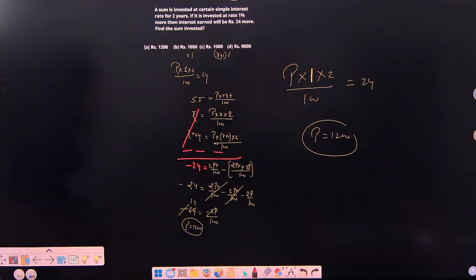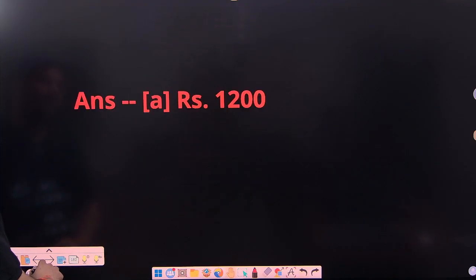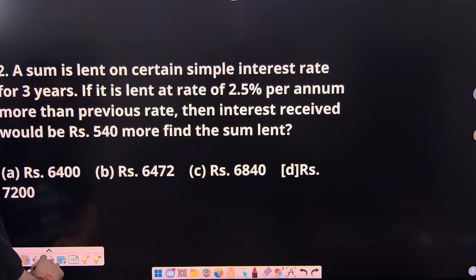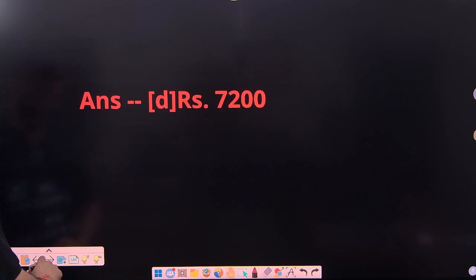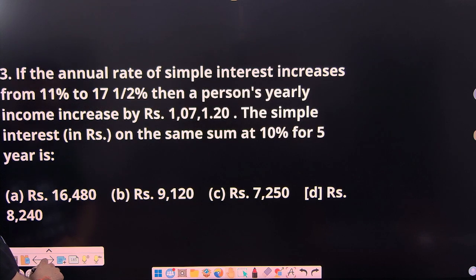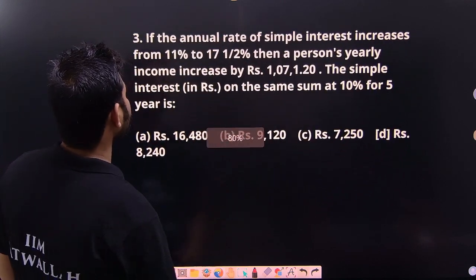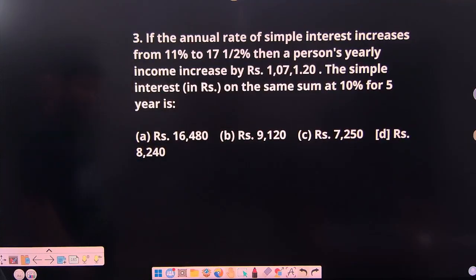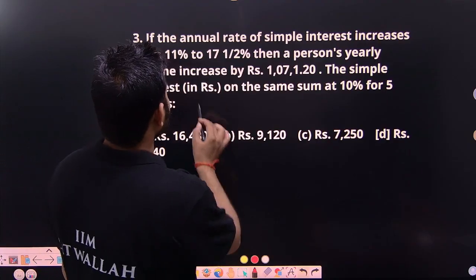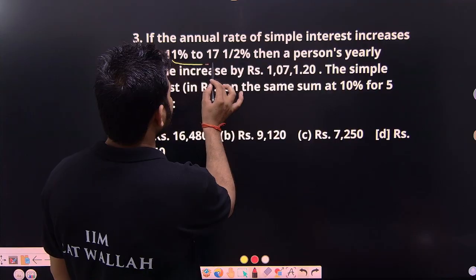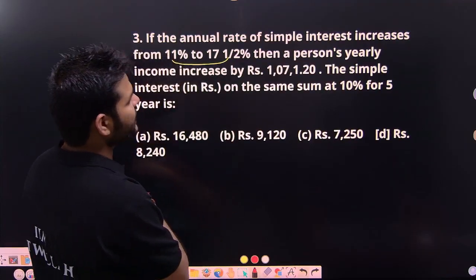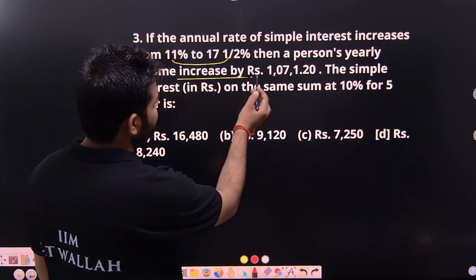Third question, let's move on to the third question. Guys, take your time. Simple question, just copy paste the question. Basically when the rate of interest increases, a person's yearly income increases by that.